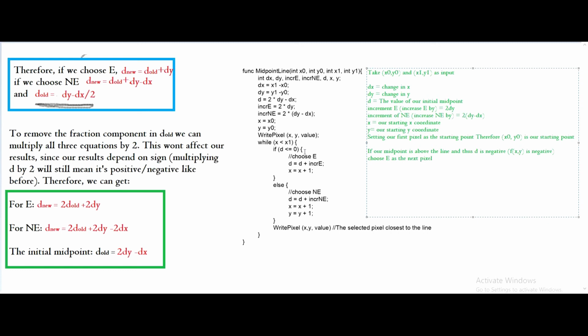And then if we choose E, then our d new is going to be d old plus 2 dy. Okay, so 2 dy has been stored in the increment of E, and they haven't written the value of 2 here because, as I told you before, multiplying something by 2 in this case has no effect at all because we need the sign mainly. So leaving out the 2 is okay.